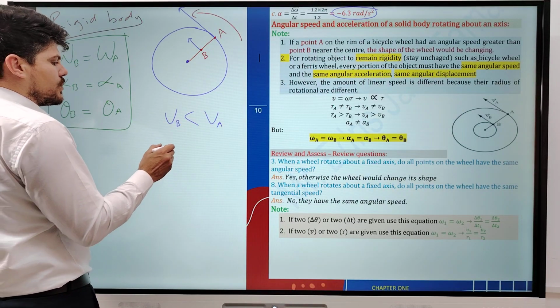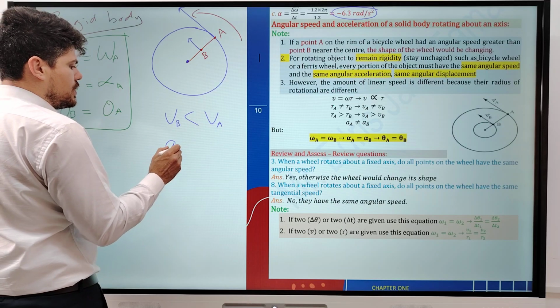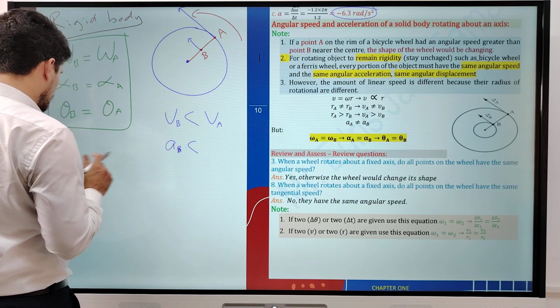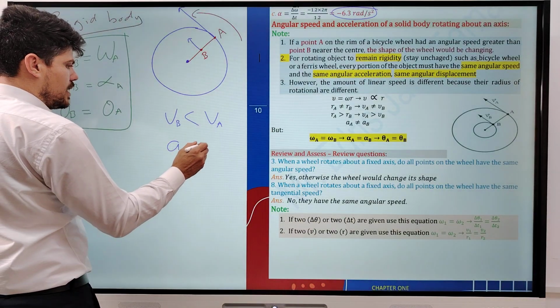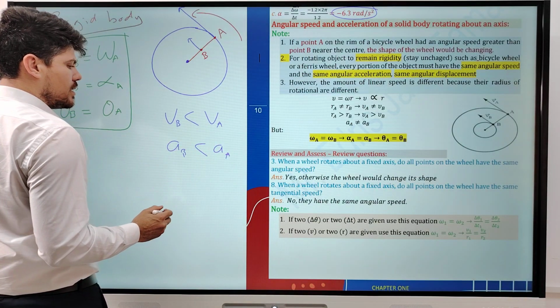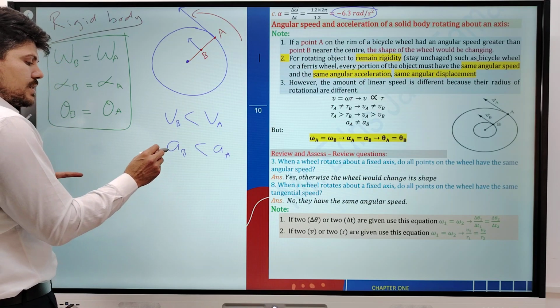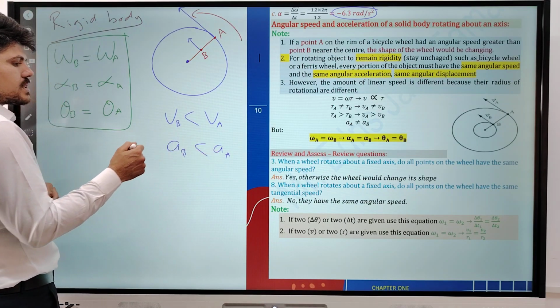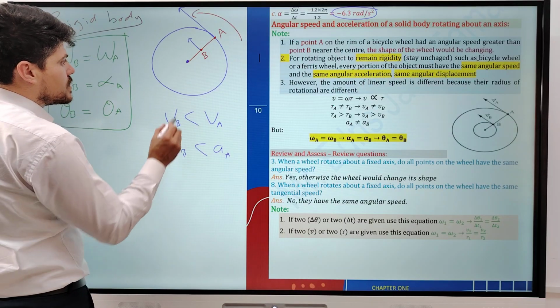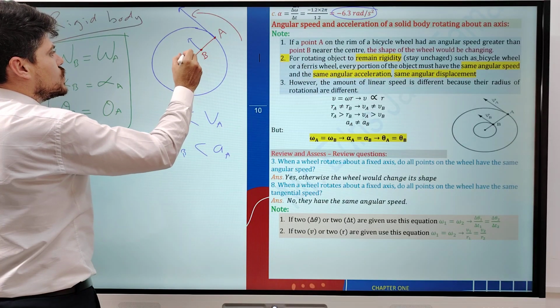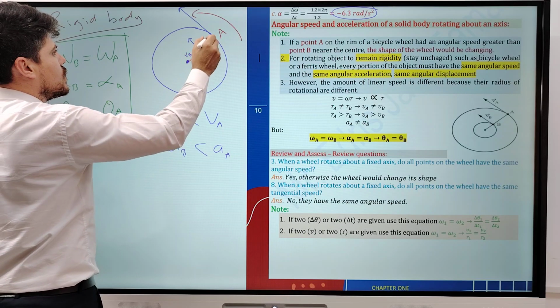If the object has acceleration, AB is less than AA, okay? So the acceleration of B is less than the acceleration of A, if it has. So for the distance from the axis of rotation, which one is bigger, RB or RA?